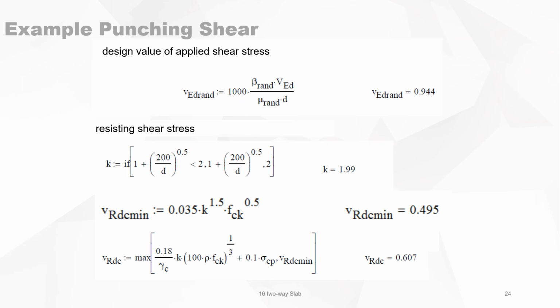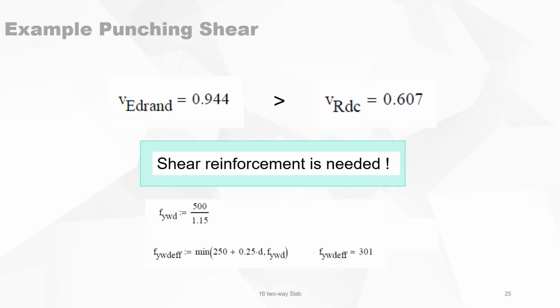We do again the different calculations, what is needed. We look for the resisting shear stress, which is the same as the previous one, of course, the same concrete quality. So you have 0.607 megapascal. And we see that we need shear reinforcement in the first critical perimeter.